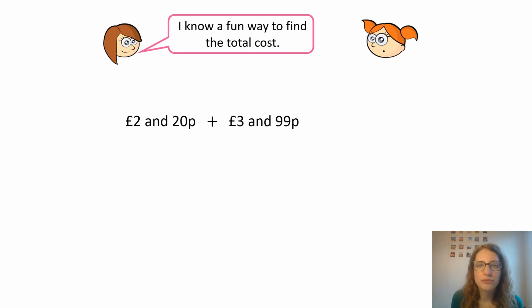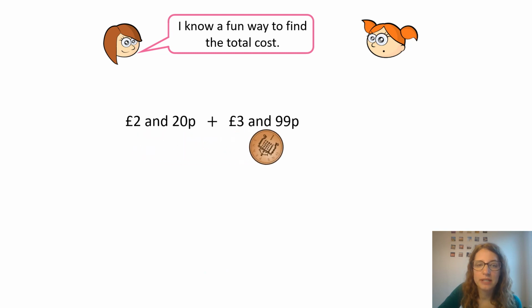Let's use Rosie's method to have a look at this question. We've got £2.20 and £3.99. We want to round the £3.99 to the nearest pound. So we're going to take 1 penny from the £2.20 and give it to £3.99. What would that become? Have a little think.